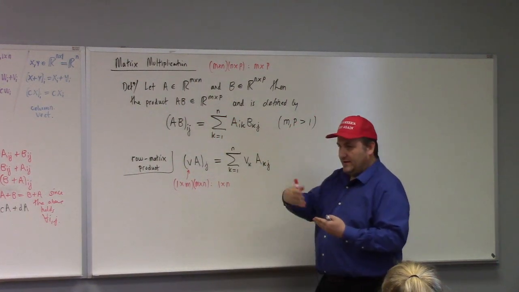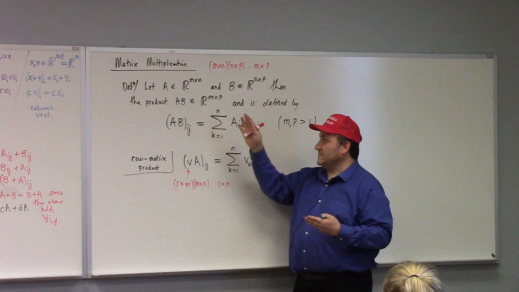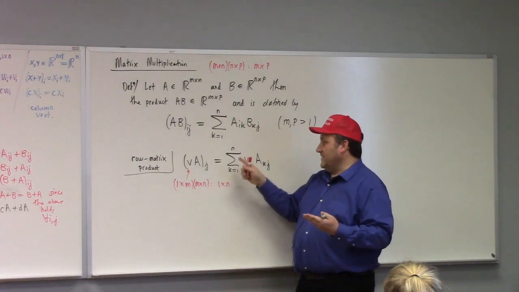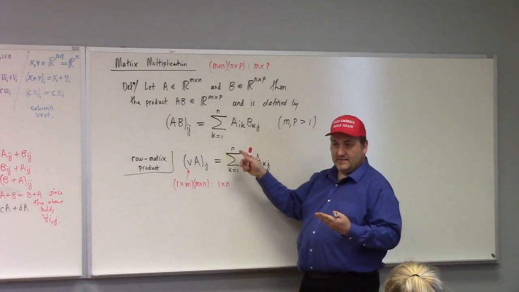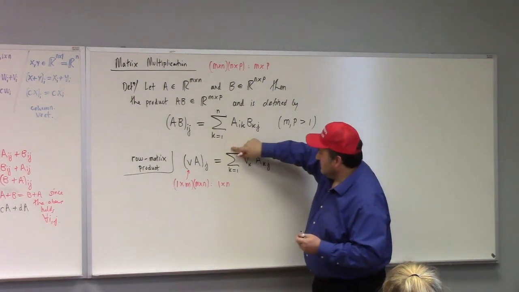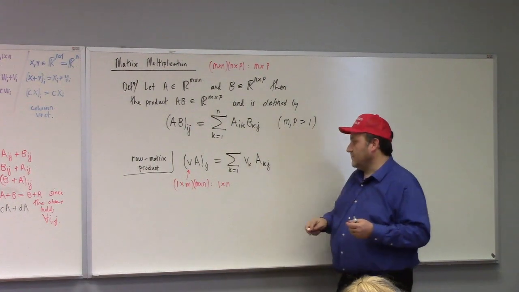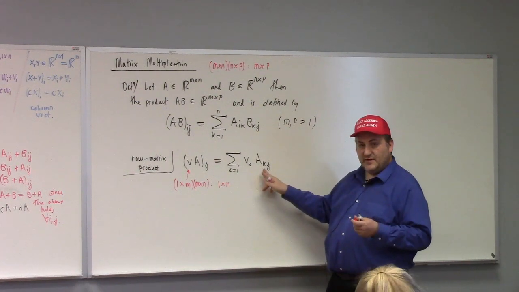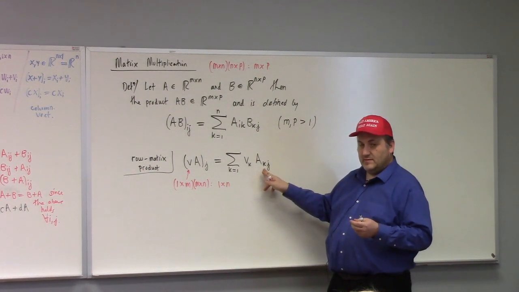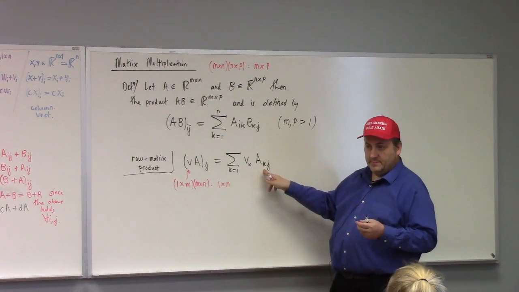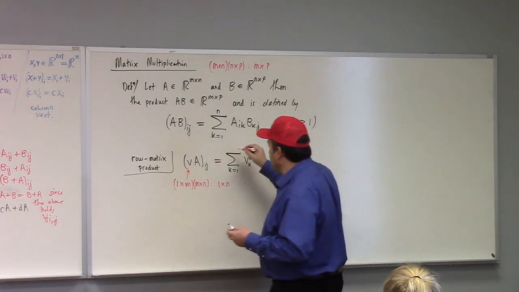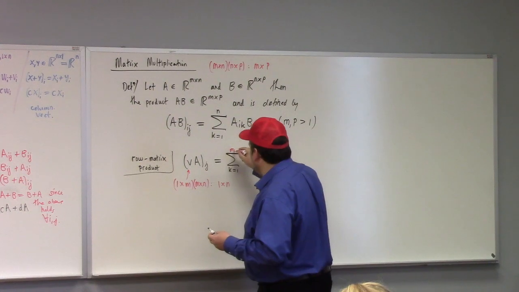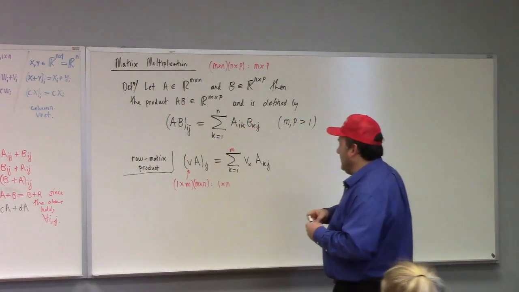The formula I have written by hand in my notes is not consistent with my choice of A. So this n cannot stay, right? This has to be a what? I'm summing over the first index of A, which is a row index that ranges from 1 to m. So I have to put an m here, not an n. That's a row matrix product.